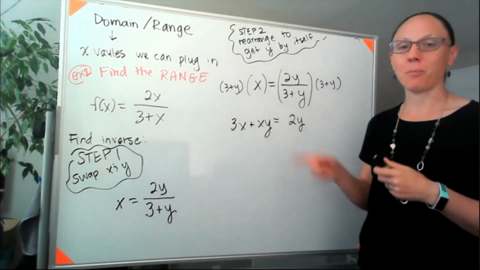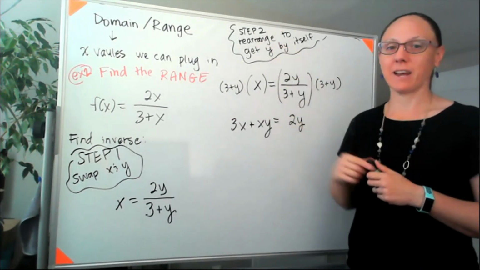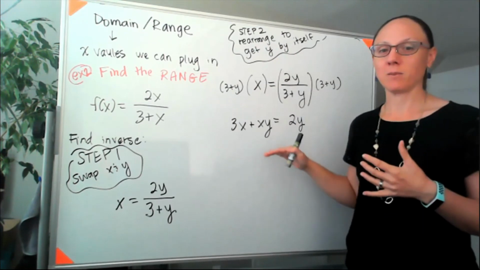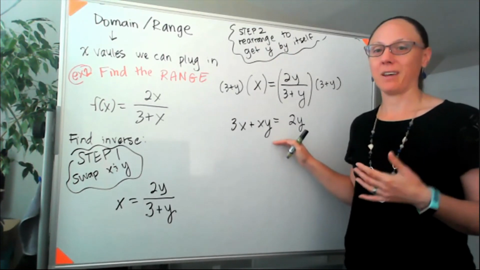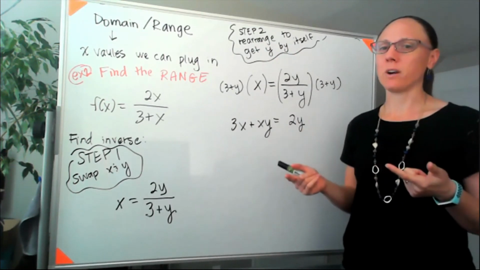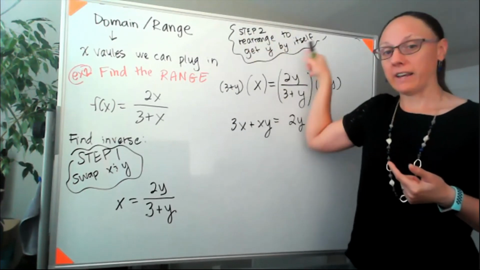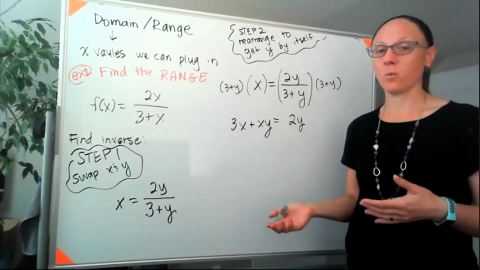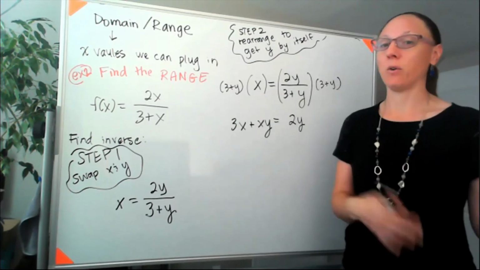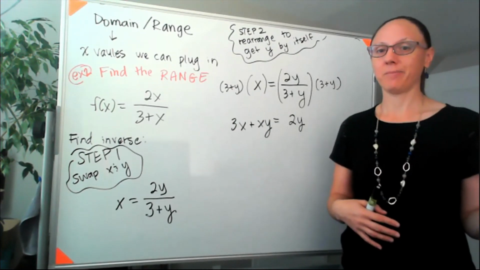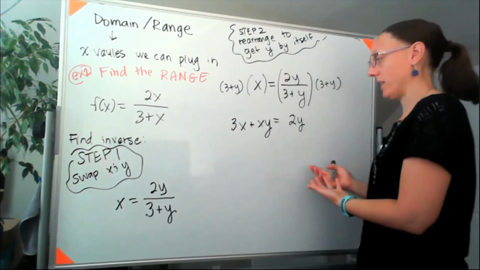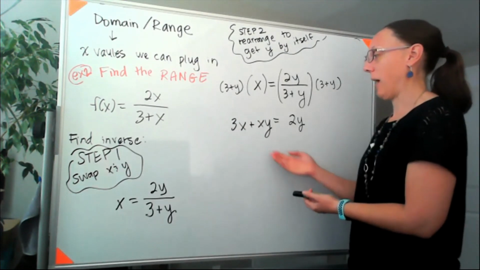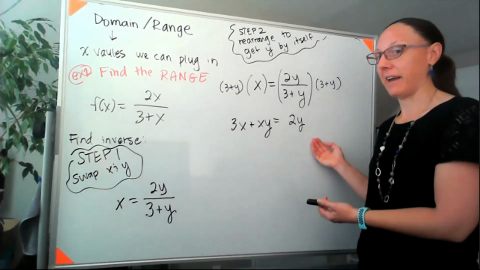I know it seems dumb, but I like to actually write out step 2 because sometimes I get to this point and then I'm like, wait, what was I solving for? We're trying to get the y by itself, which means in terms of this equation, I want all the y's on one side and everything without a y on the other side. Personally, I look at that and say, I'm going to put the y's on the right-hand side.